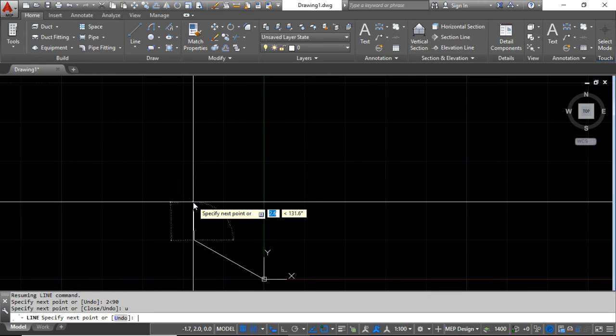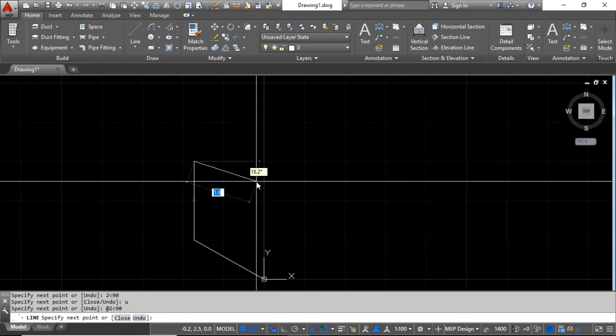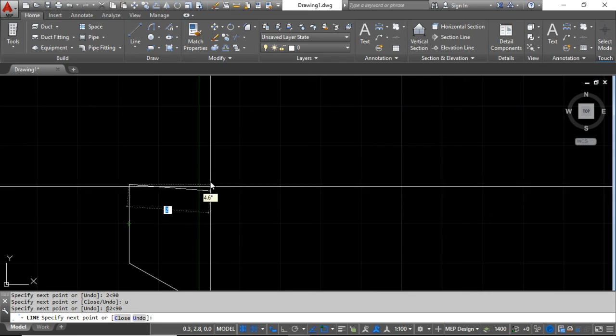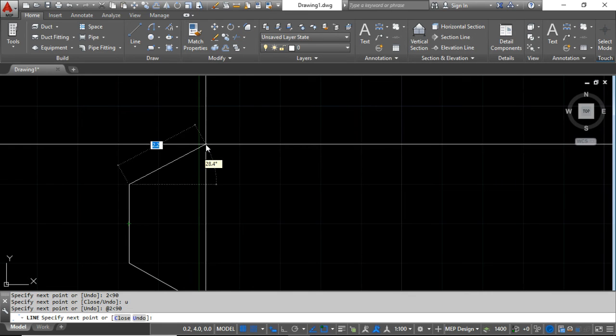At 2 angle 90. That should draw me a line that's straight up. That's 2 units long, and there it is. The next one, I'm going 30 degrees up from the flat. At 2 angle 30.